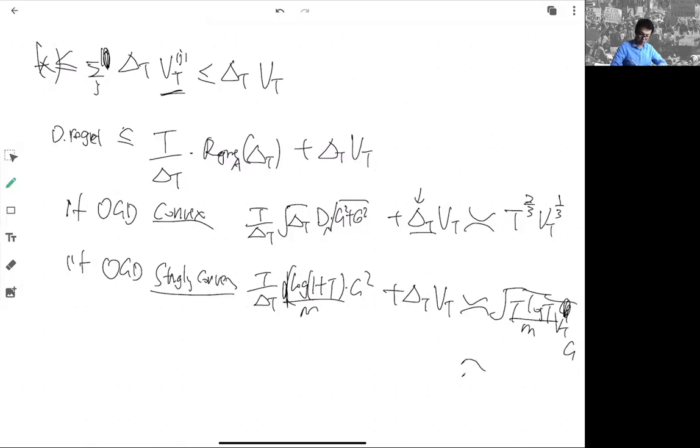So this is proportional to square root of T times V_T. So in other words, whenever V_T is sublinear, whenever the variation is much smaller than the length of the sequence, then you can end up getting an interesting and non-trivial no-regret algorithm that competes against much stronger sequences of comparators.